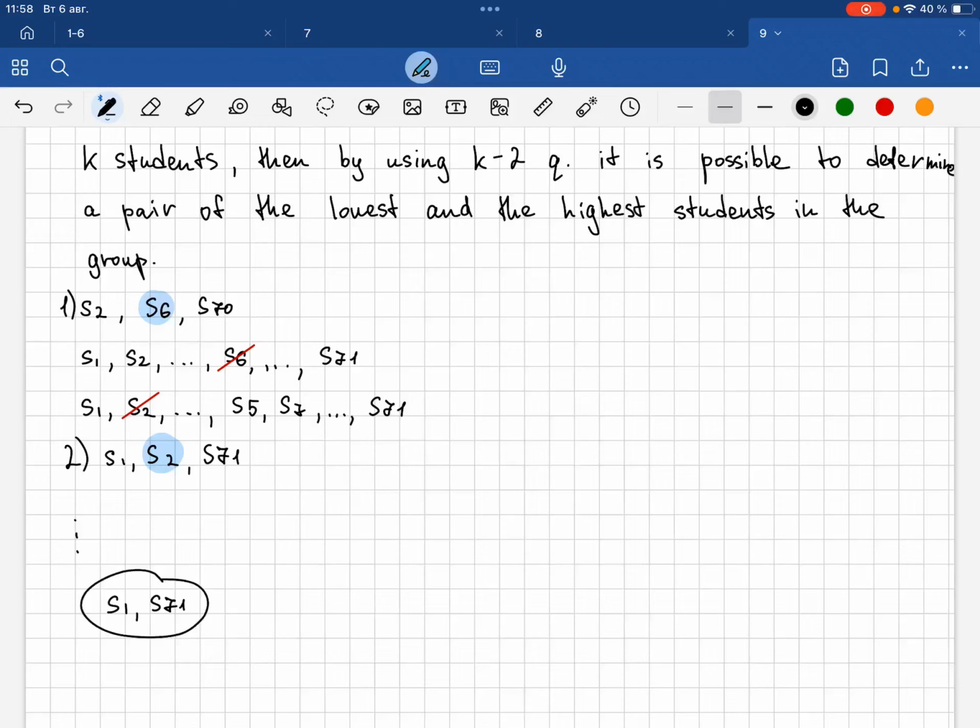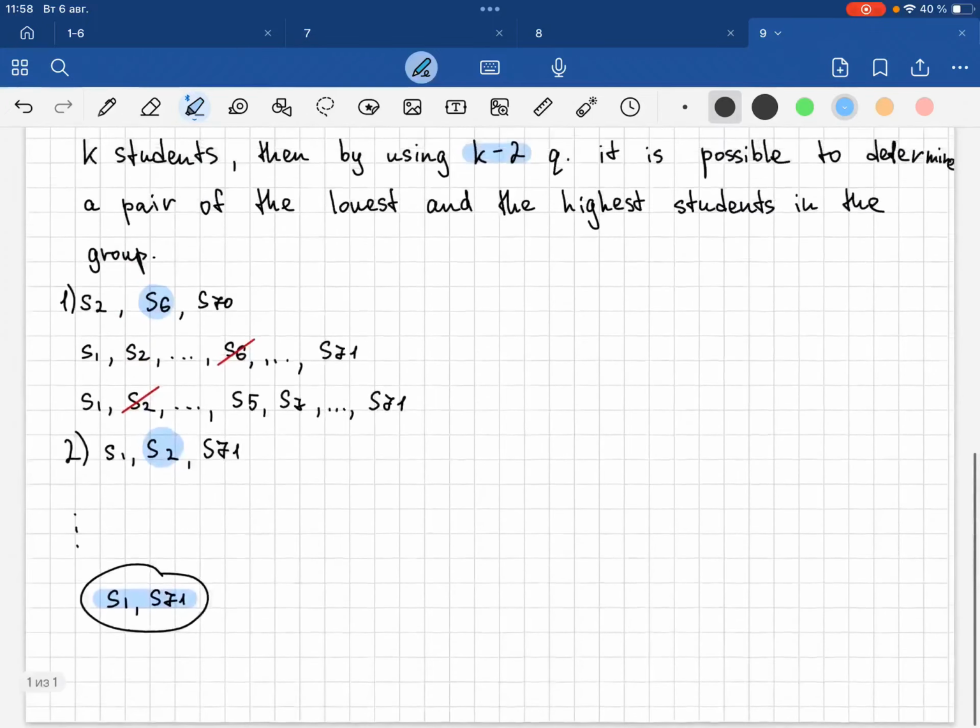So here we understand that we can stop the procedure. The process will stop if and only if our group will be left with exactly two students. And since we cross out one student at each step, then we need to ask k minus 2 questions to have these two students remaining.